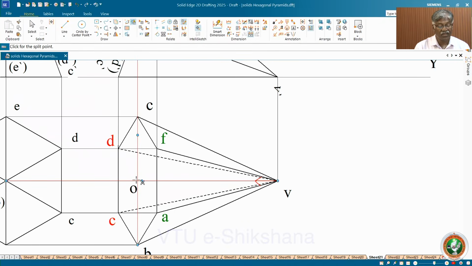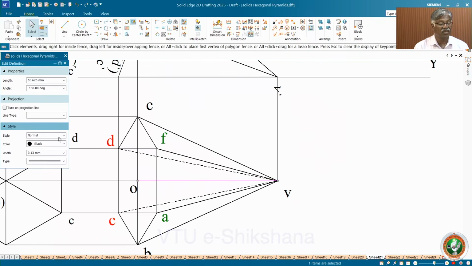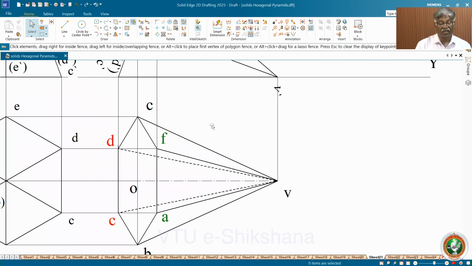See here, now this becomes a separate entity. Now you select this and see that this is a different type of line. Now this is the axis line, 0.25 or 35 axis line. Yeah, this is how you can complete the second figure top view.